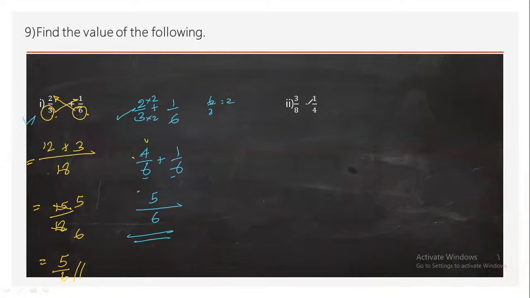Now look at this one also. The same procedure we can follow. First method, 4 times 3, 12, minus 8 times 1, 8. 8 times 4, 32. 12 minus 8, that is 4 over 32.